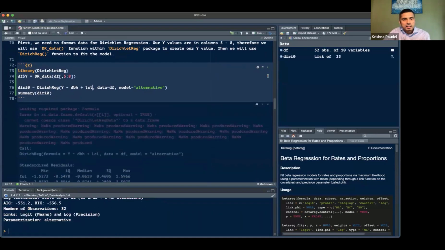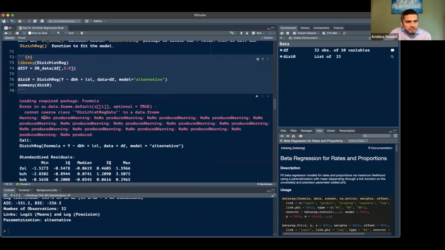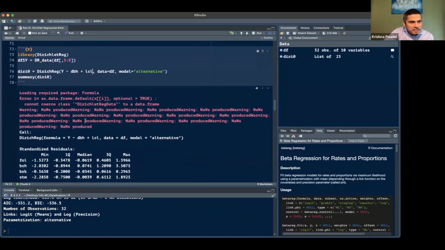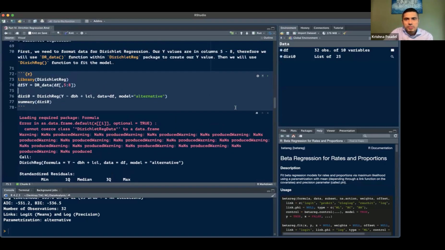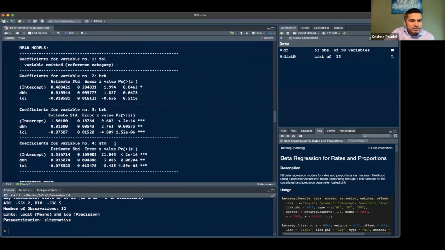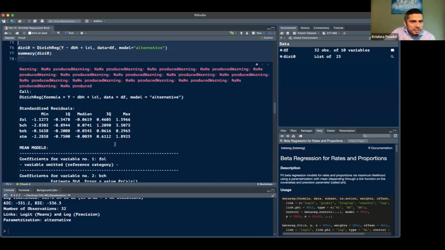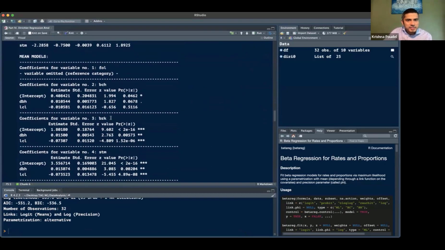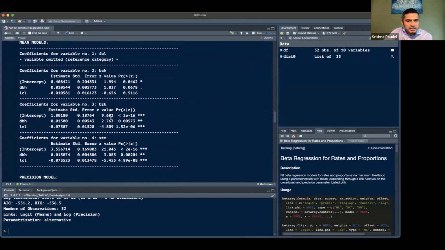There are some warning messages, saying cannot create a class to data frame. For some reason this is giving me an error, but it should work. Yeah, it worked. So that's a warning message, but looks like we're fine. It's giving us the result.